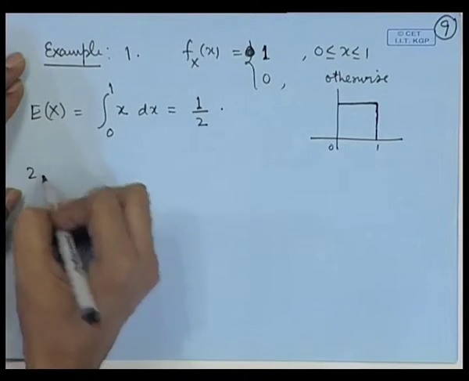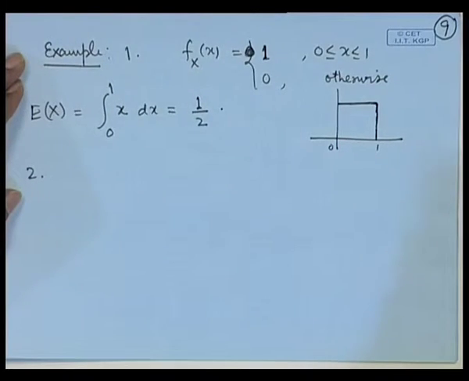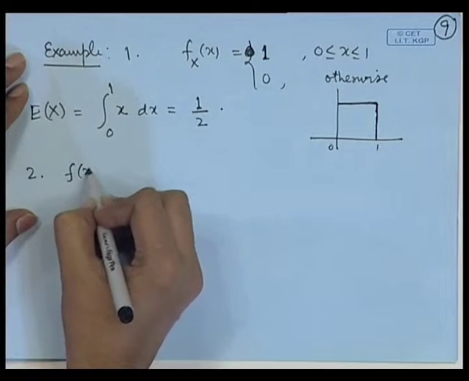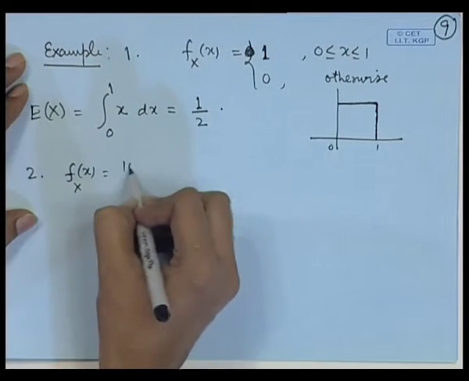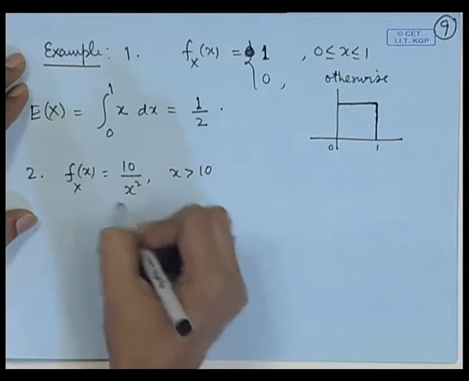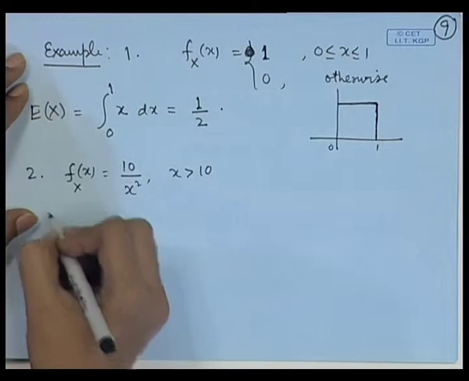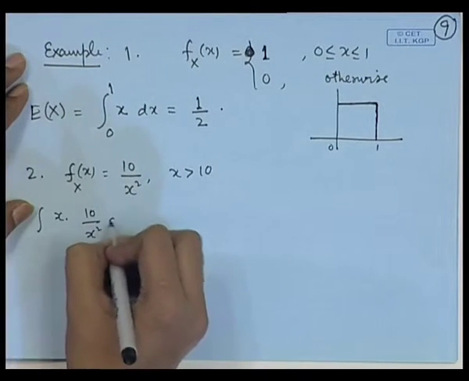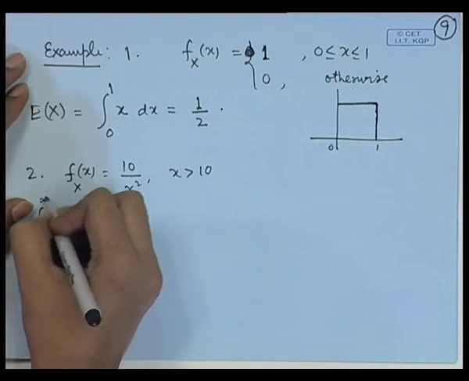Let us look at the next example. f(x) is equal to 10 by x square for x greater than 10, and 0 otherwise. So, integral of x into 10 by x square dx from 10 to infinity.